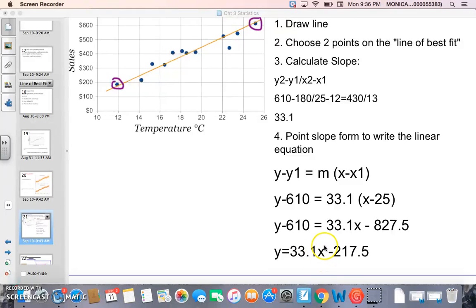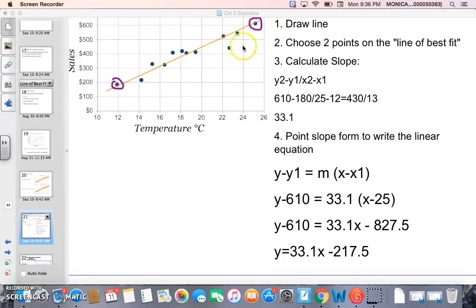If we take this and say we plug in 24 degrees, we would simply do 33.1 times 24. Let's go ahead and do that in our calculator. 33.1 times 24, and you get $794.40. But now we're going to take away the $217.50, and we should end up with a profit at 24 degrees of about $576.90.